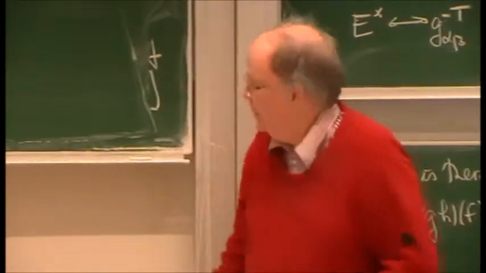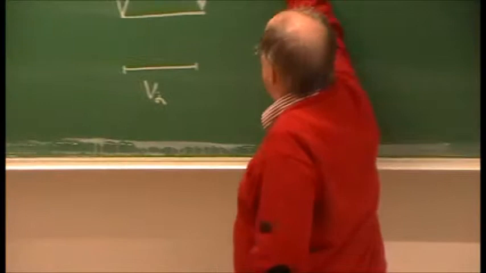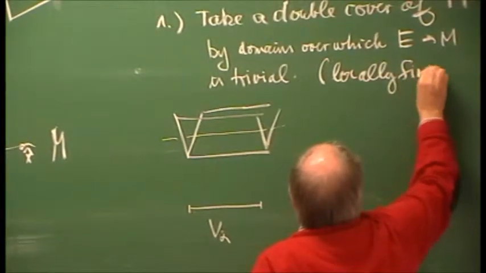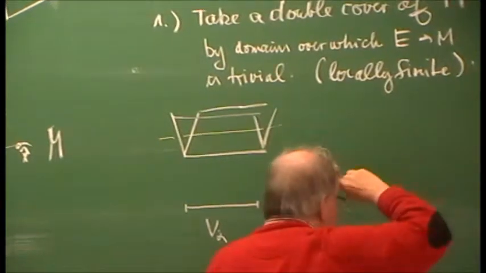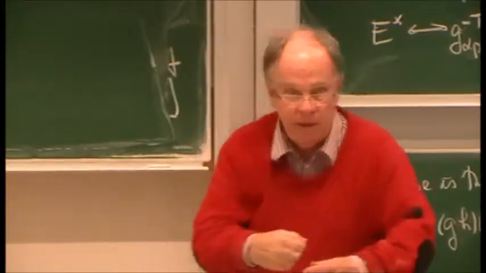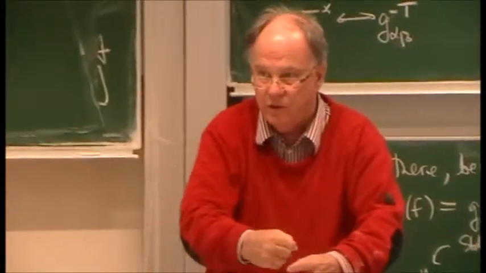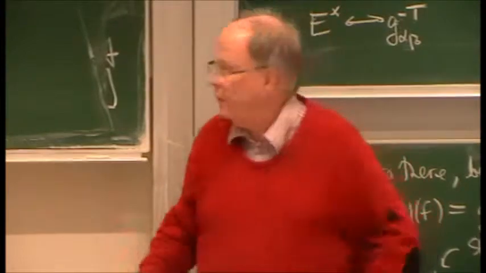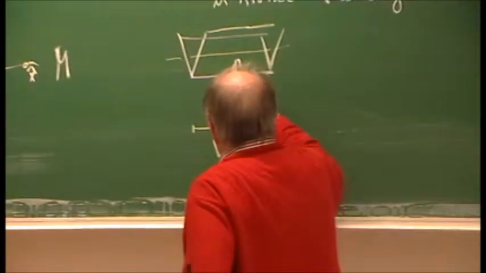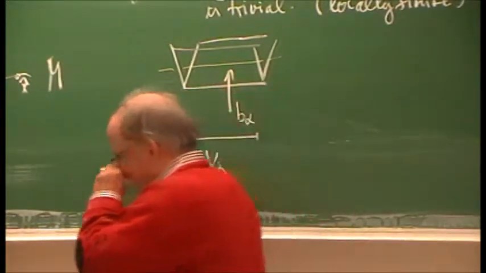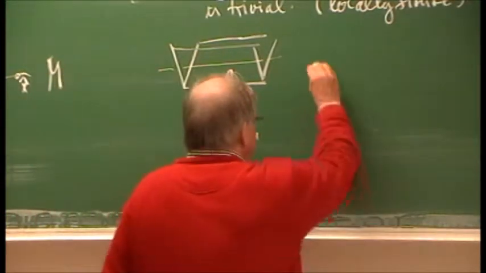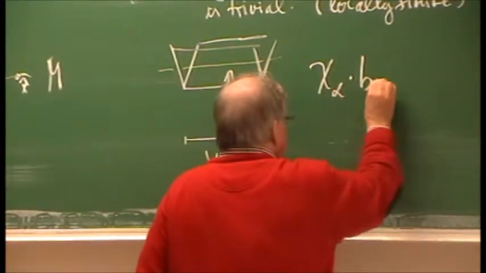Now, by the way, when I write this thing, I mean locally finite. Okay? That means you don't have infinitely many of these things intersecting at once. I mean, you can arrange that. Okay. So we have this section, let's call it B alpha, this bilinear form over V alpha. And I take chi alpha times B alpha.